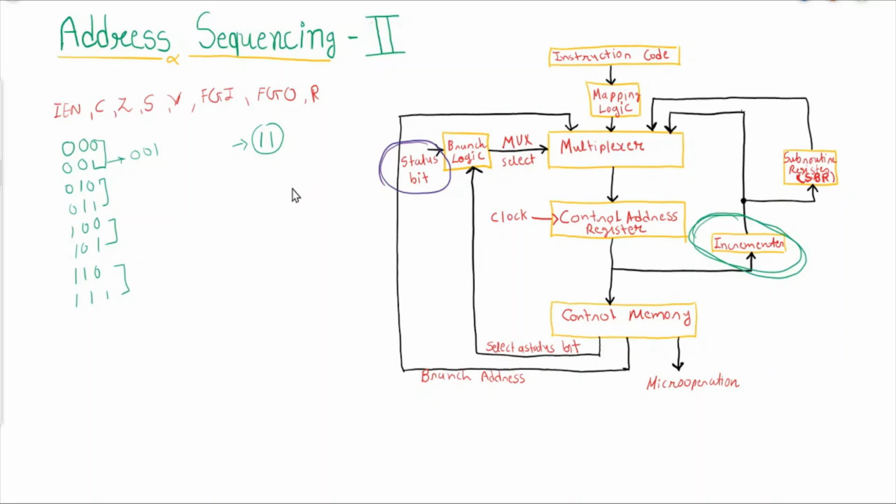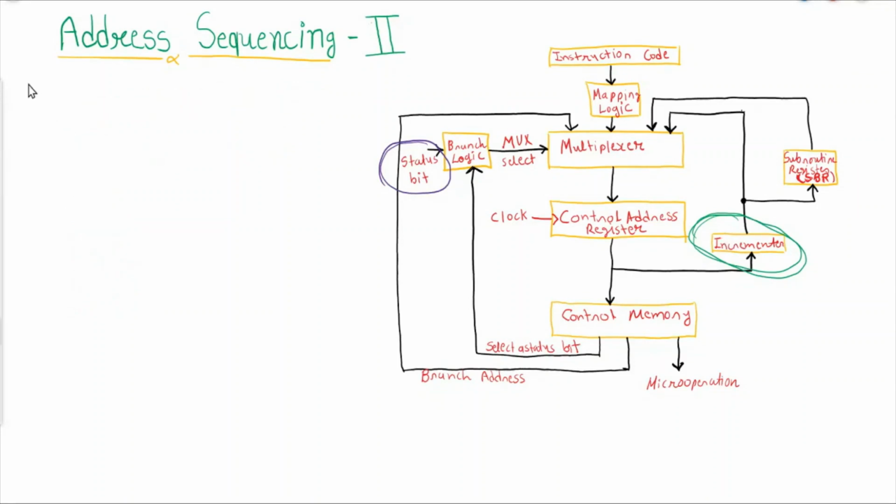In the case of an unconditional branch, by default we will keep 1 1, so it will not go with any condition check, but it will go with the incrementer. So this is how an unconditional branch can be implemented.